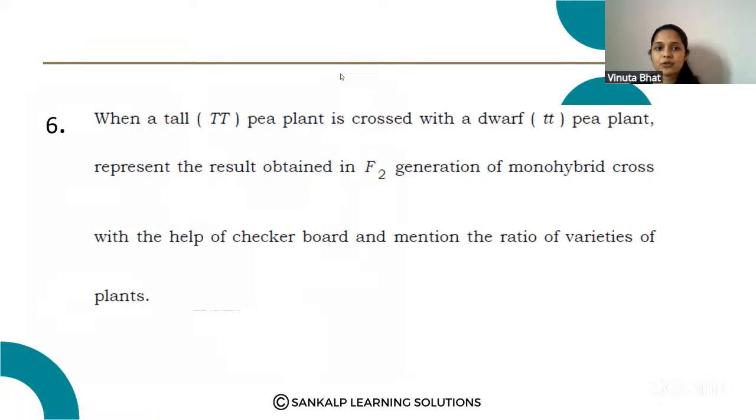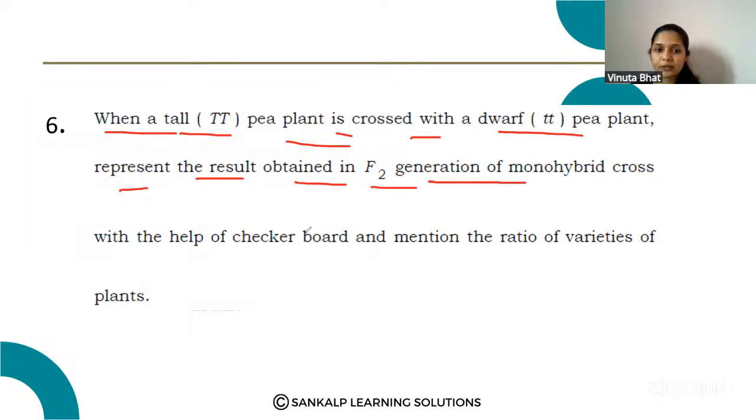This is also the same question. When tall pea plant is crossed with dwarf pea plant, represent the result obtained in F2 generation of monohybrid cross with the help of checkerboard, and mention the ratio of varieties of the plants. This is also the same question.